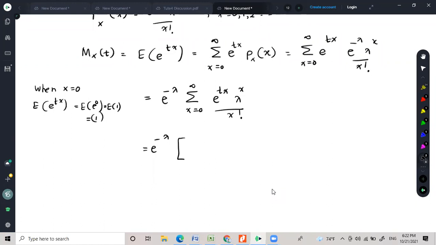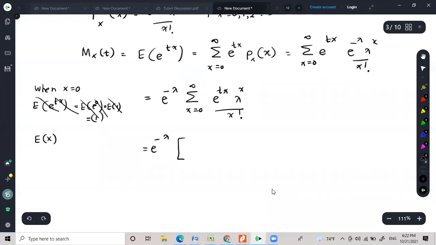I think it's better to explain it like this. This whole thing is about the expectation of the random variable x. The expectation of x when x equals 0 is what? 0, right?